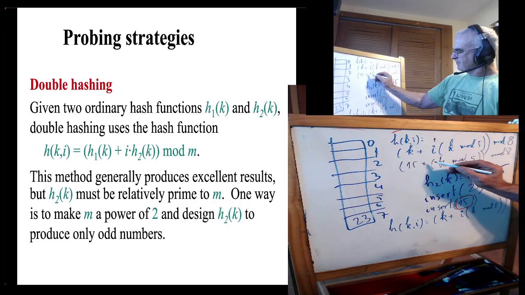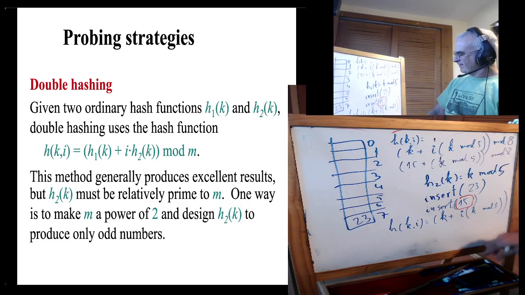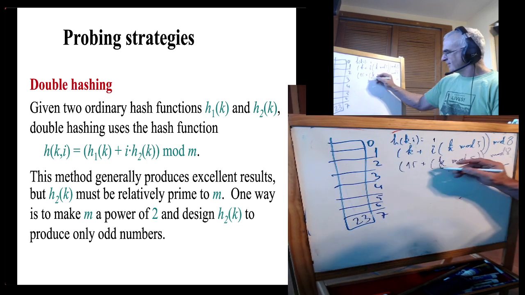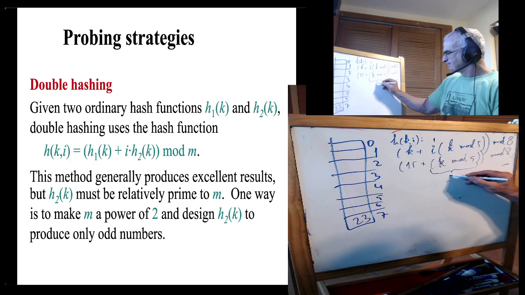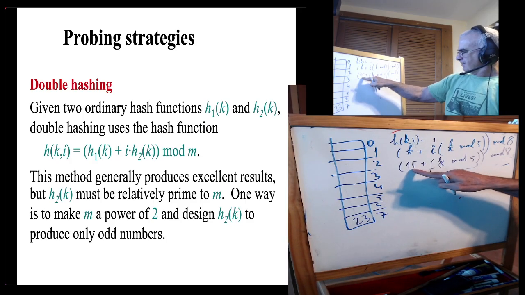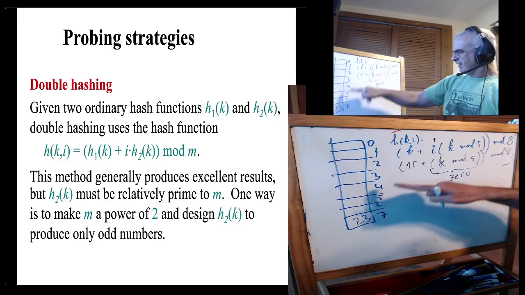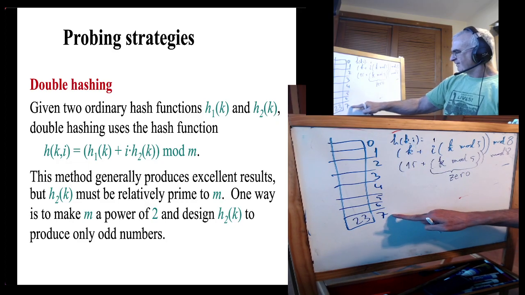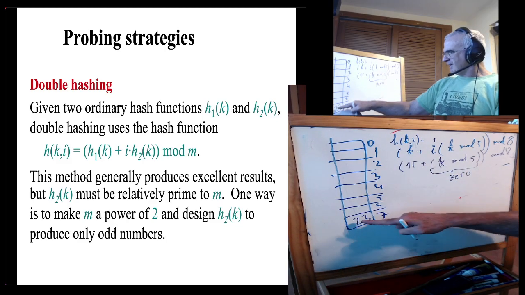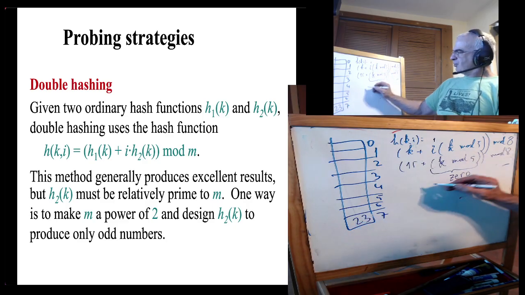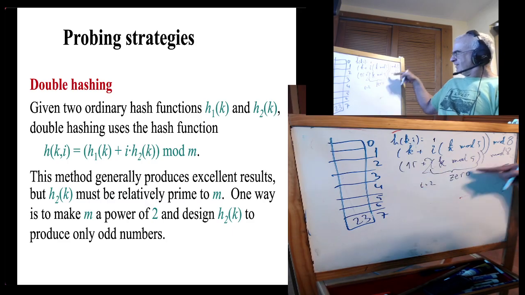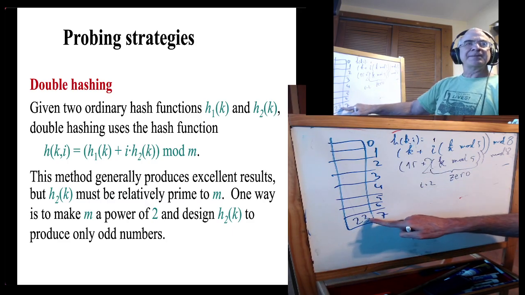K mod 5, however, is unfortunately 0. So in my second attempt, I'm probing cell number 7 again, because 1 times 0 is still 0. Then I'm moving to i equals 2, and now it's 2 times 0 plus 15, which again makes me probe the very same cell, and so on.